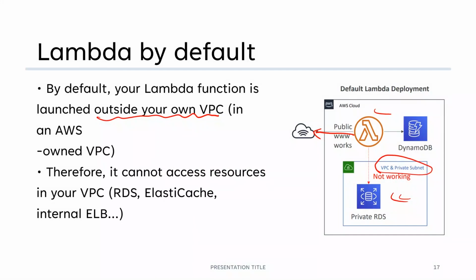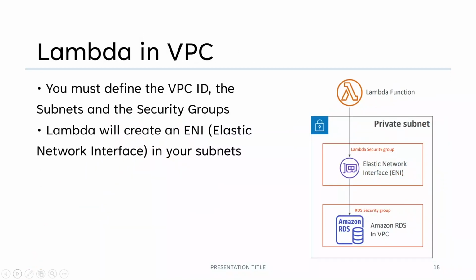Whenever you create a Lambda function, it is launched by default outside of your VPC. But it's not that you cannot launch it in your VPC. You can. How? You must define the VPC ID, the subnets, and the security groups. Lambda will create an ENI, which is an Elastic Network Interface.